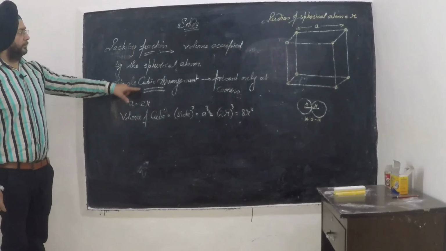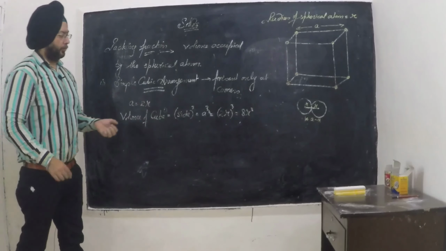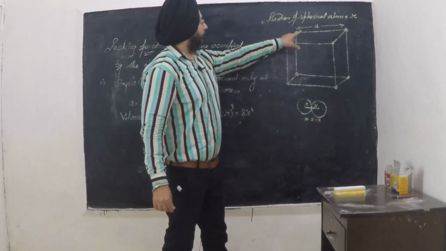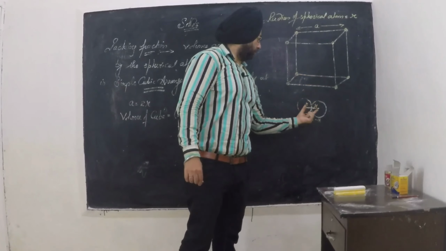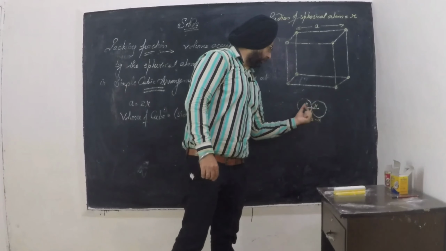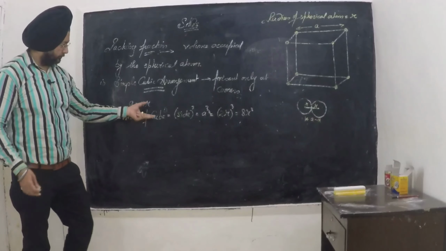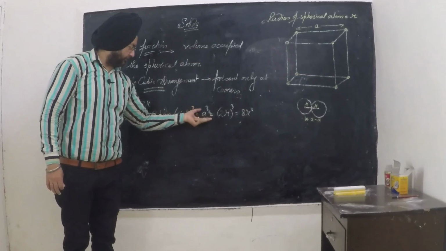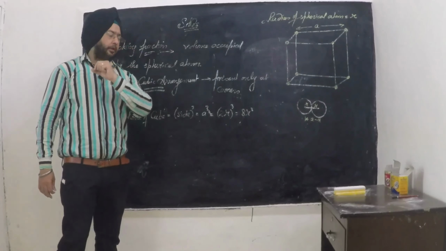So check it now, it's very easy. First check the edge length of the cubical body is a and the radius of the spherical atom is r. As they are in contact with each other, we have joined these two spheres, radius r and radius r. So a is equal to 2r. Then volume of cube, side cube, means a cube, so a was equal to 2r cube, that will be equal to 8r cube.